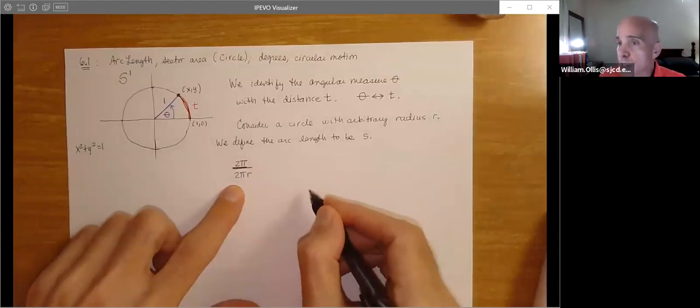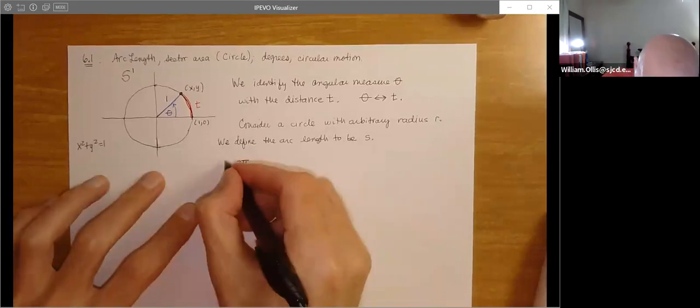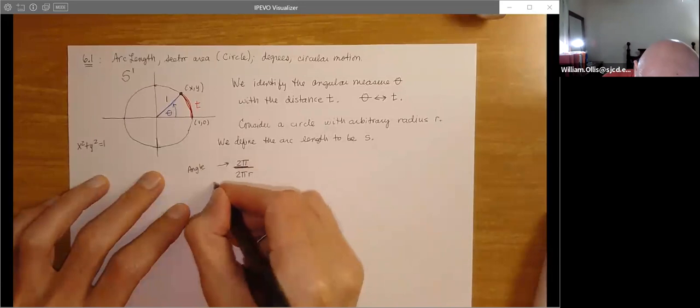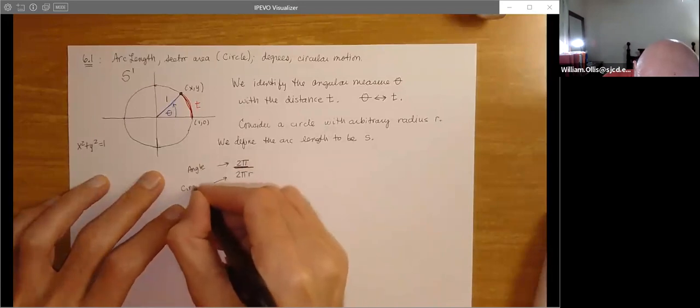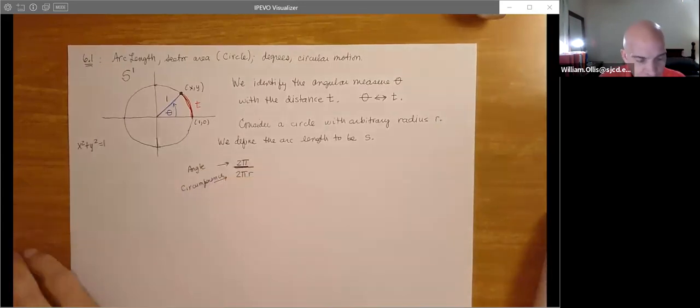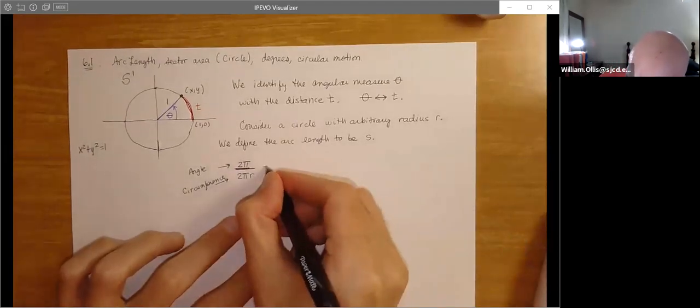So that's a proportion, or actually a ratio of the angle to circumference. And so now what we want to do is say, how can we get the connection between the actual angle and the arc length that we're going to define to be S? Well, we set up a proportion.